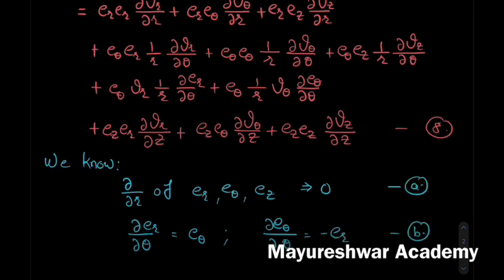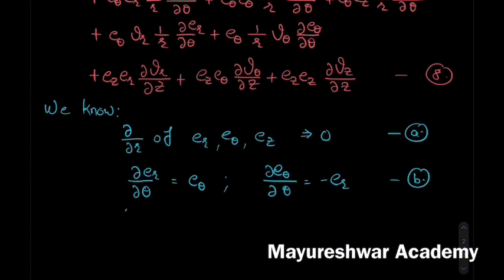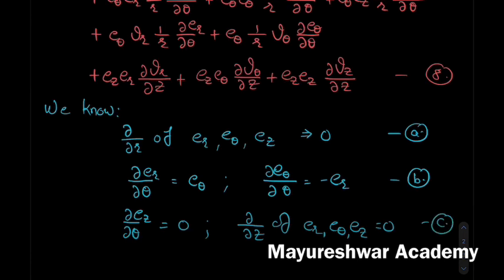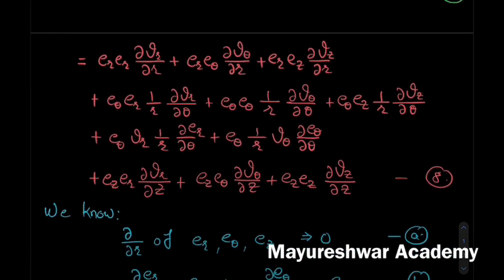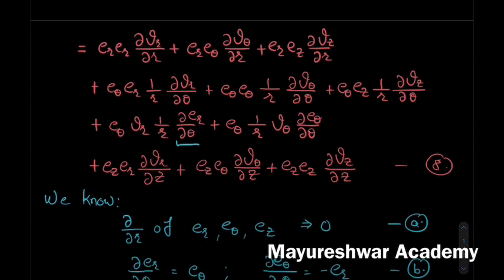So these relations we need to substitute in equation 8 to get the final form. Similarly for the z component, all the unit vectors, when differentiated, are 0. So these relations will help us to substitute all the terms into equation 8. So this term becomes e theta, this term becomes negative er.